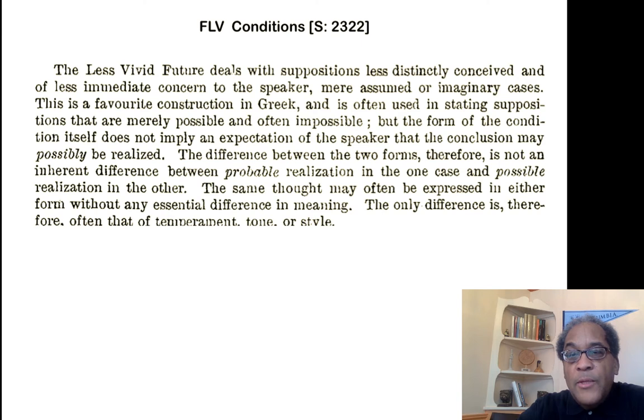The difference between the two forms, therefore, is not an inherent difference between probable realization in the one case and possible realization in the other. The same thought may often be expressed in either form without any essential difference in meaning. The only difference is, therefore, often that of temperament, tone, or style.